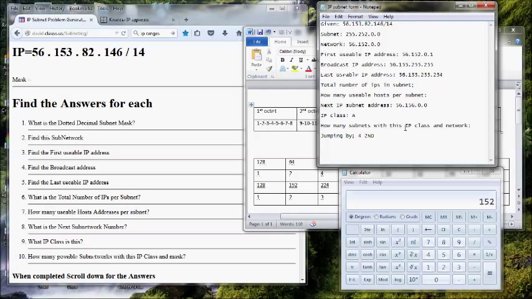The total number of IPs, what we do is we have 32 bits available in the mask. We subtract the number that we've used, 32 minus 14.